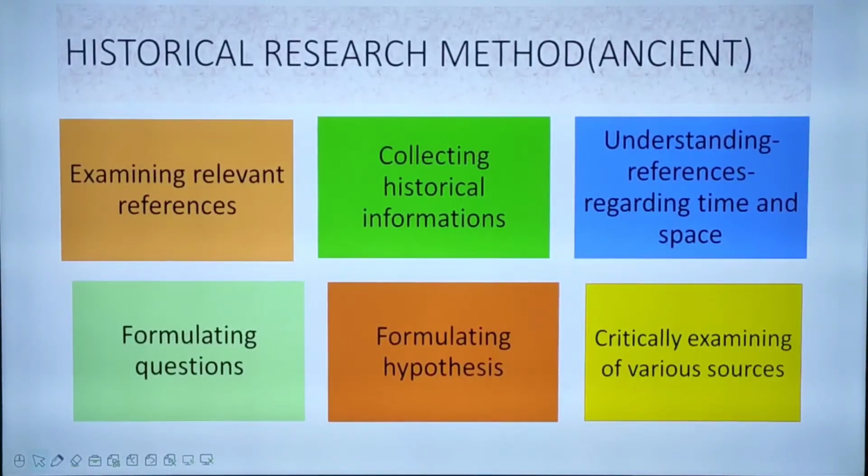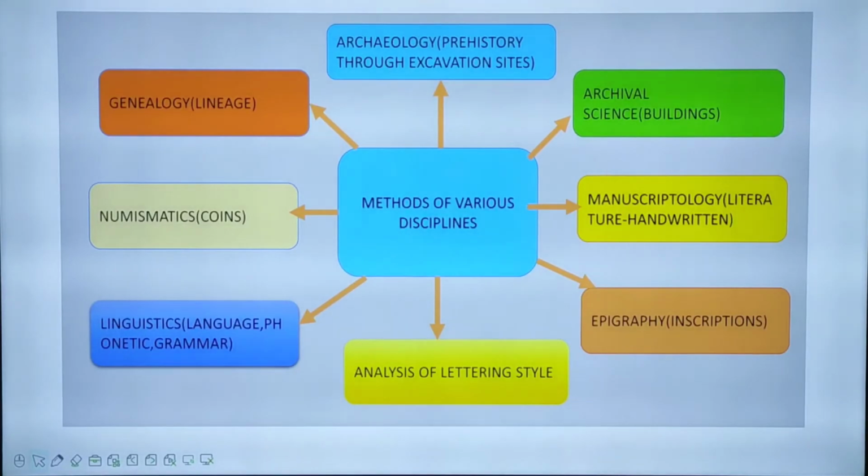Now, as time passed by, people had a misconception. People believed that history is always related to dead people, and that we have only very little area. But as time passed by, people realized that there are methods of various disciplines. That is, you have different arenas. Okay, various disciplines means what? Various arenas where you can work.